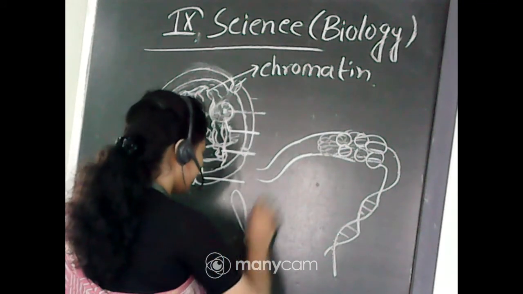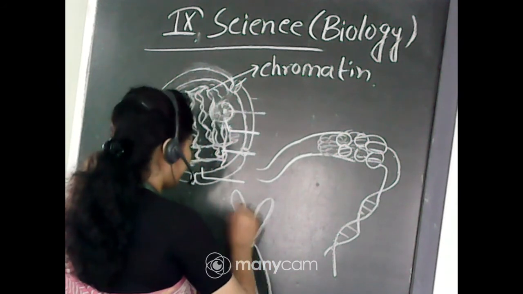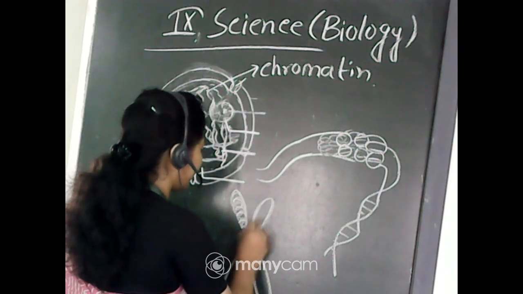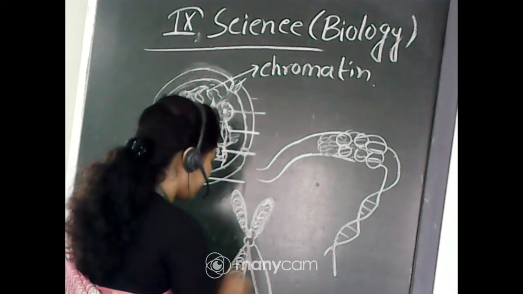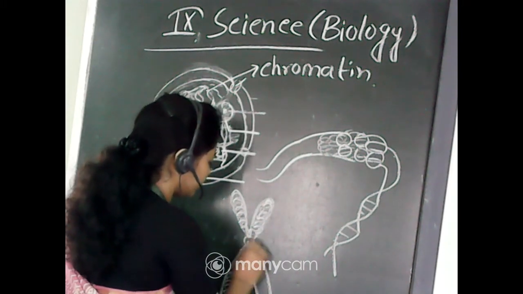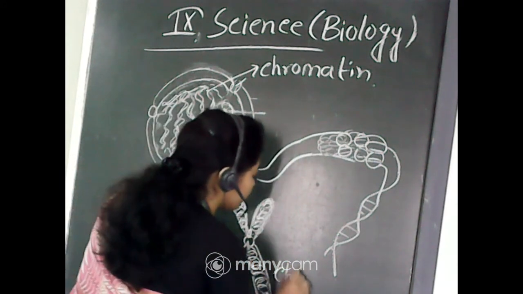Here the chromatin fibers are in a more condensed form. So this is called chromosome.